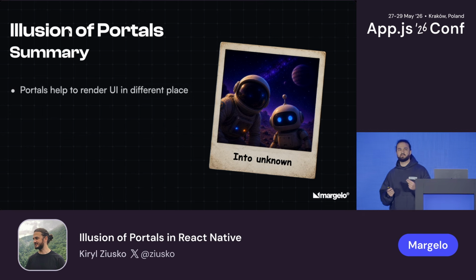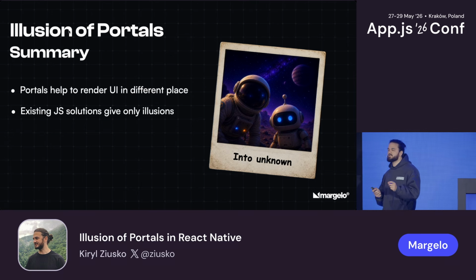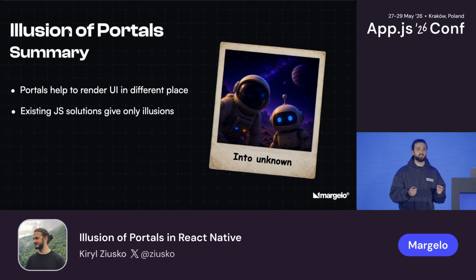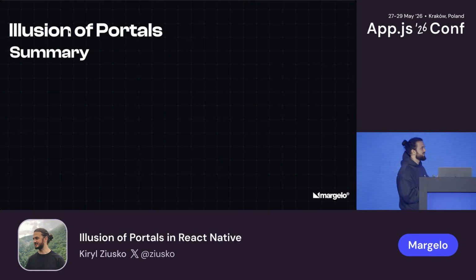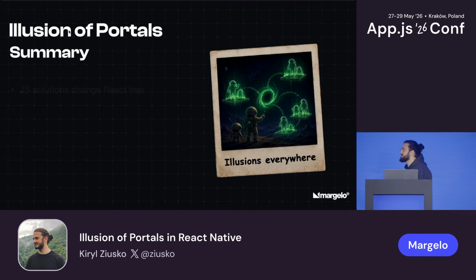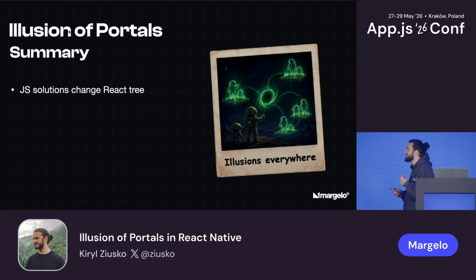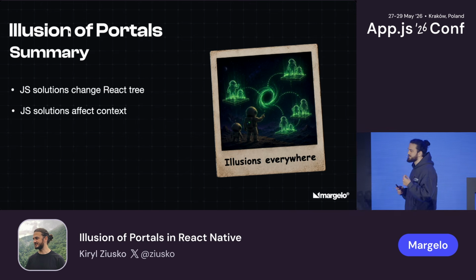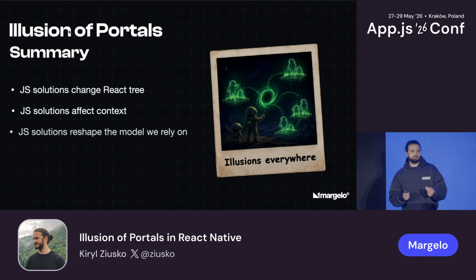But when we look deeper, we realized that in React Native, most portal solutions give us only the appearance of portals. They look visually right, but they change the React tree, they affect the context, they reshape the mental model we rely on. And that's the illusion.